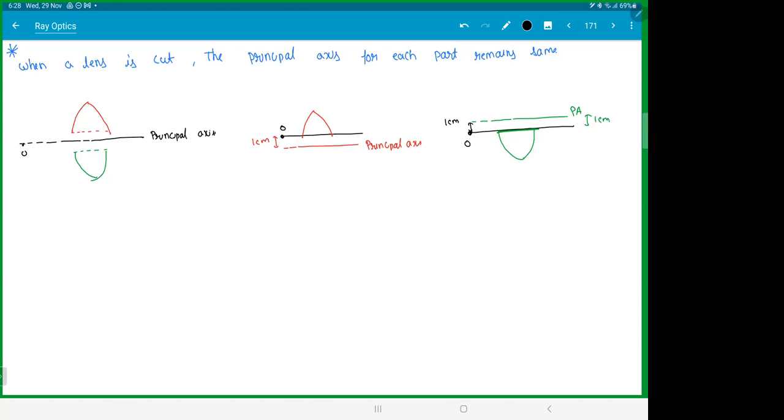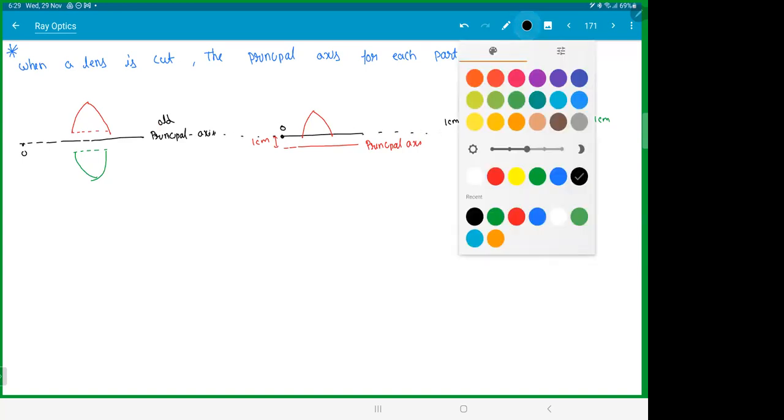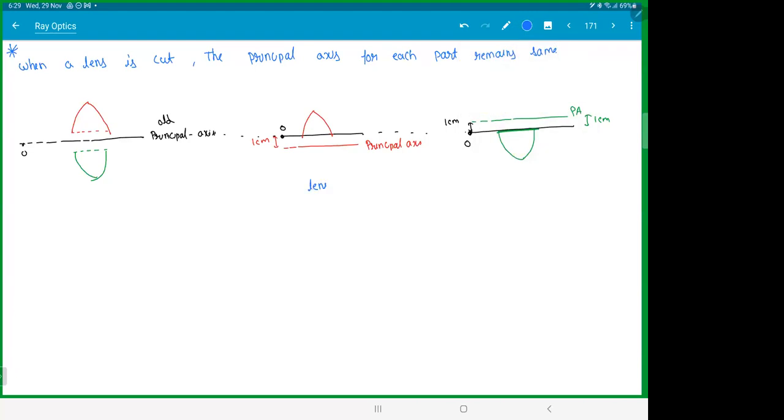Is this making sense, everyone? This black line is your old principal axis. So the lenses will feel the object is at a height of 1 centimeter above the principal axis.